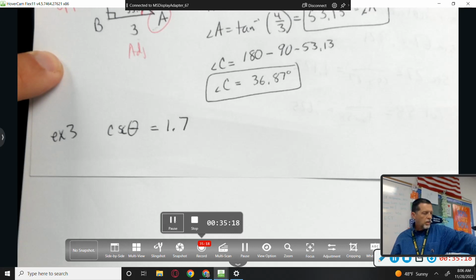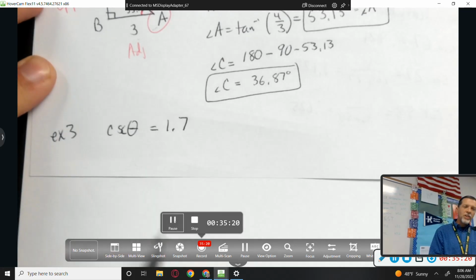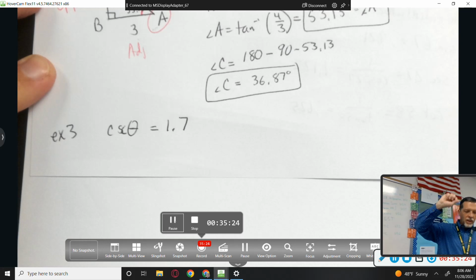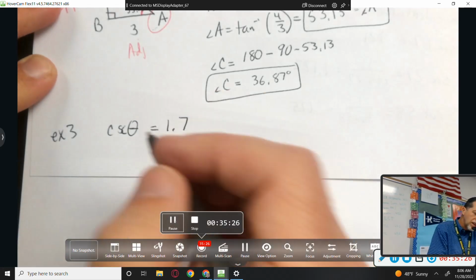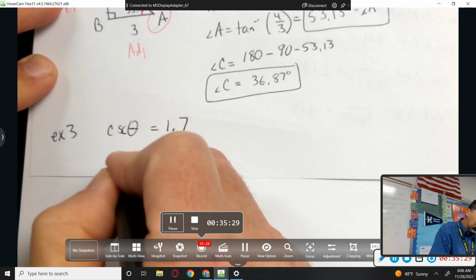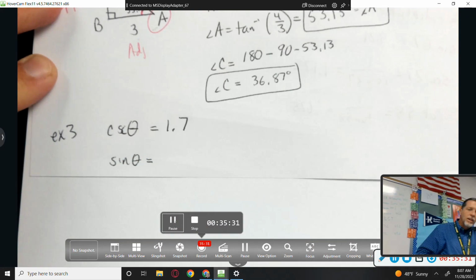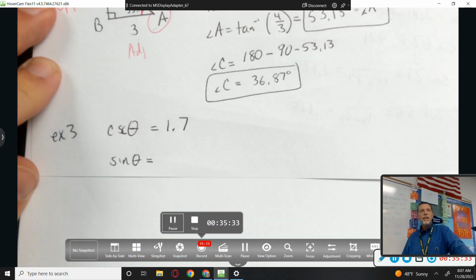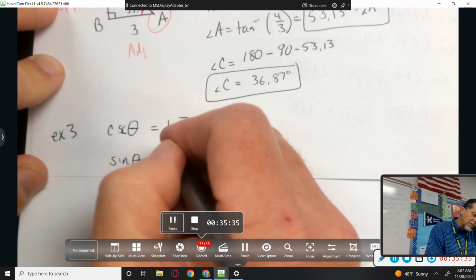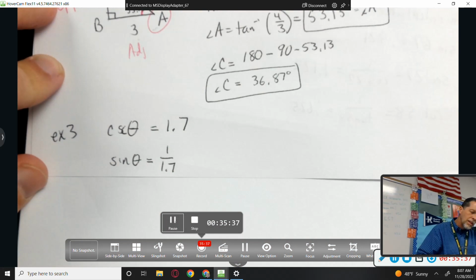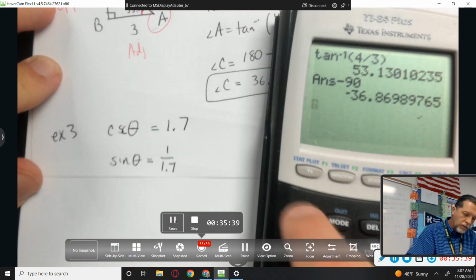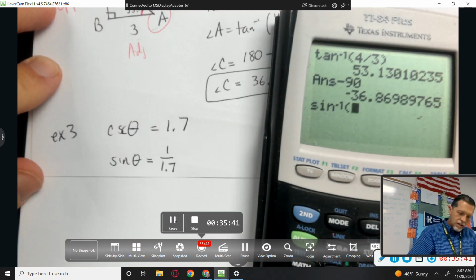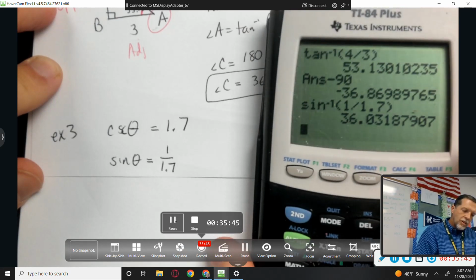So, who is cosecant related to? Sine, and they're related by being reciprocals. So I'm going to say that the sine of theta, what would the sine of theta be? 1 over 1.7. So now I can do inverse sine of 1 over 1.7, which is 36.03.